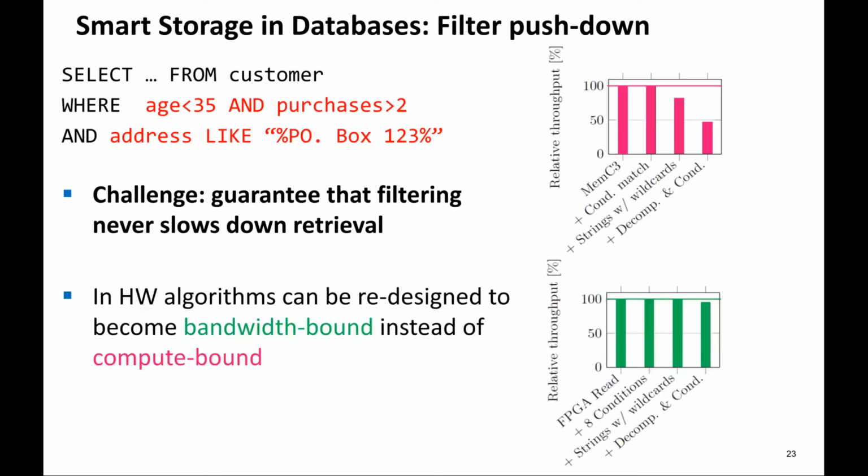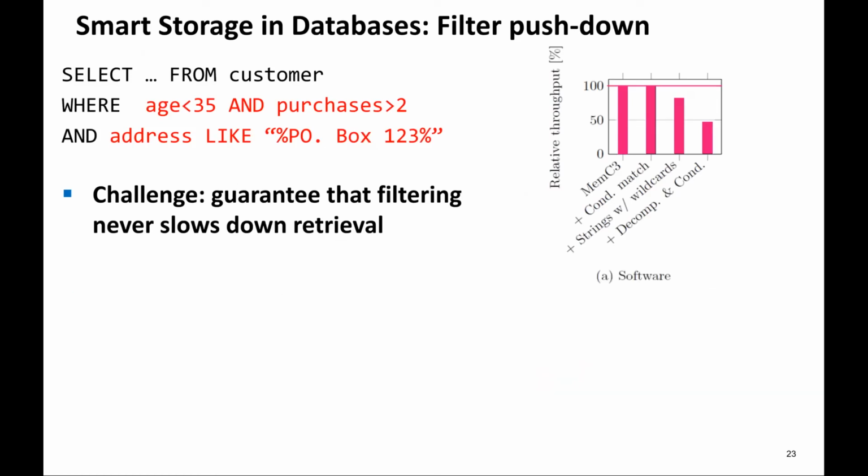But what is interesting in this setting is that if you look at filtering pushdown, so processing in storage, of course you could implement that with traditional CPUs. So basically, say my storage node does some pre-filtering operations.